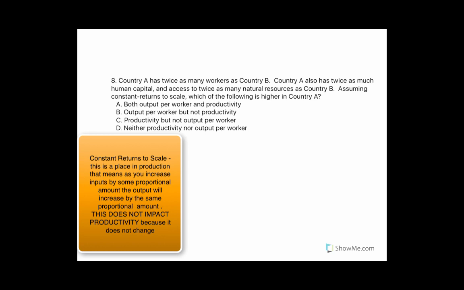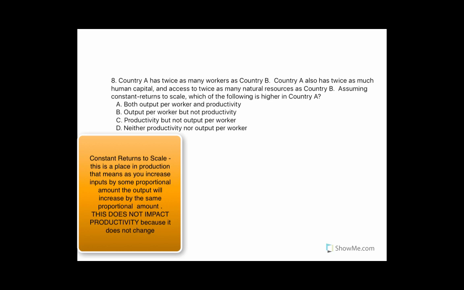8 here. Okay, so this is a question about constant returns to scale. So country A has twice as many workers as country B, as well as twice as much human capital and twice as much access to natural resources. Assuming constant returns to scale, which of the following is higher in country A? Right.